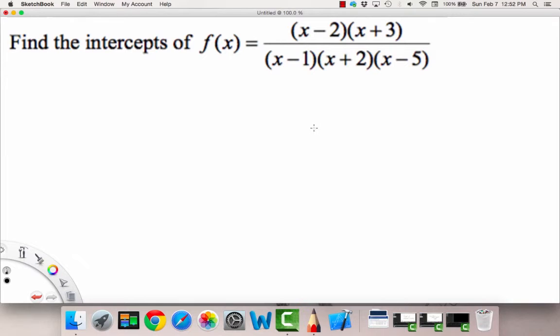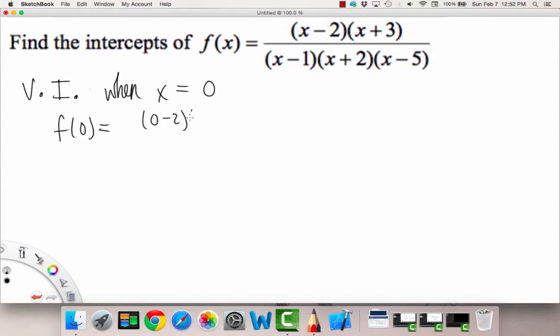Okay, so here's the same function that we were working with before, but now what we're going to do is find the intercepts of it. Okay, so let's start off with vertical intercepts. Vertical intercepts happen when our input, so in this case x, is equal to 0. Okay, so let's just find that. We have f of 0 is equal to 0 minus 2 times 0 plus 3 over 0 minus 1, 0 plus 2, and 0 minus 5.